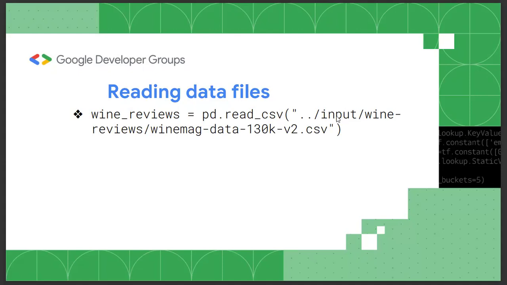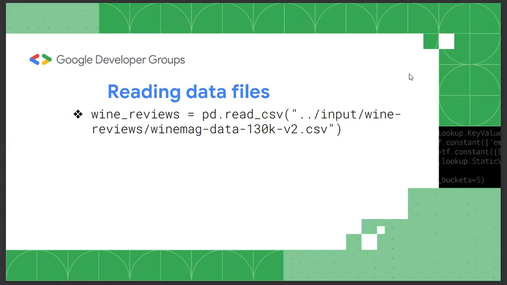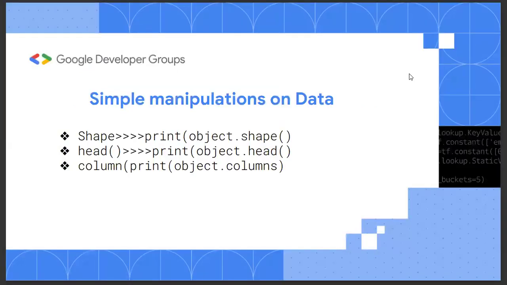So this is the URL to where the file is located. But for this case, it is in the same location, so I don't need to do that. So by doing that, we've read the data from that file, and we can do some manipulations on it.